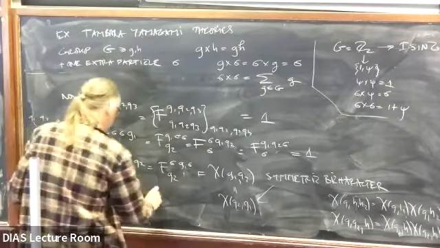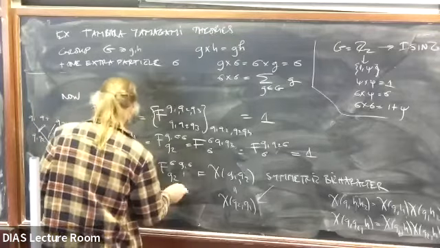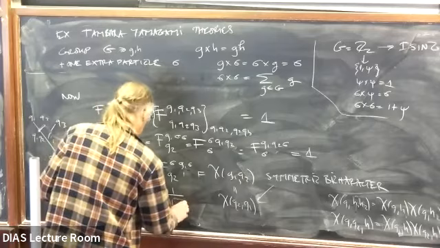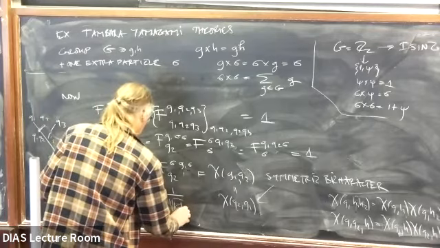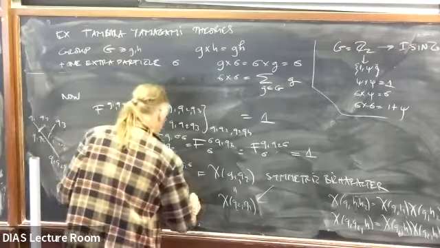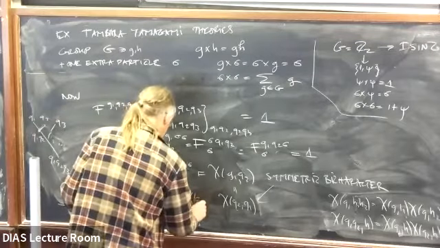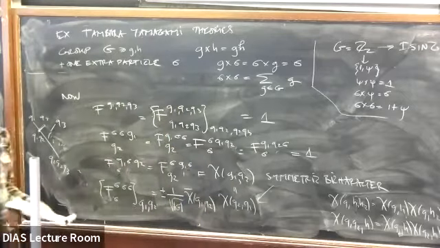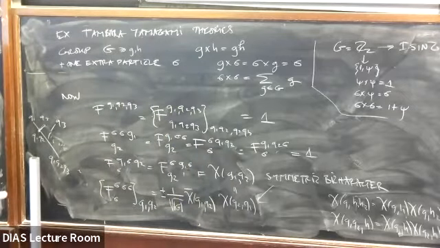And this turns out to be plus or minus, so these are two different possible solutions, plus or minus 1 over the square root of the number of elements of the group times the same chi, but inverted. So this is the whole solution.